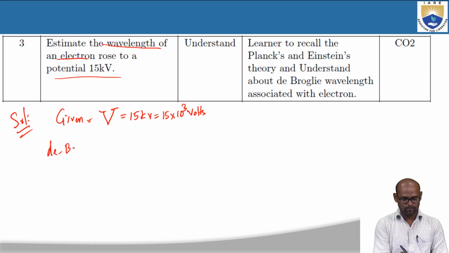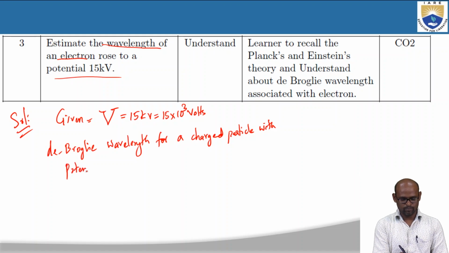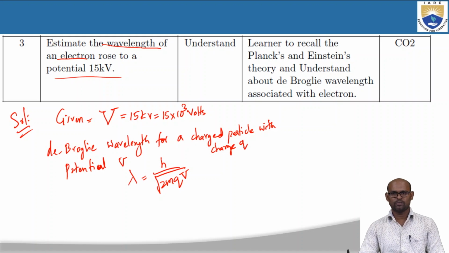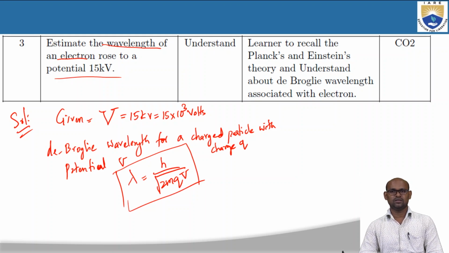The de Broglie wavelength for a charged particle with charge q and potential V is lambda is equal to h by square root of 2mqV, where m is the mass of the particle, q is the charge of the particle, and V is the potential that the particle is experiencing.